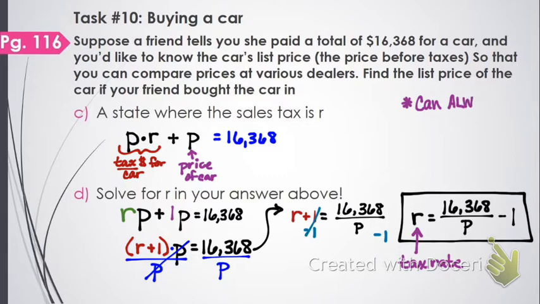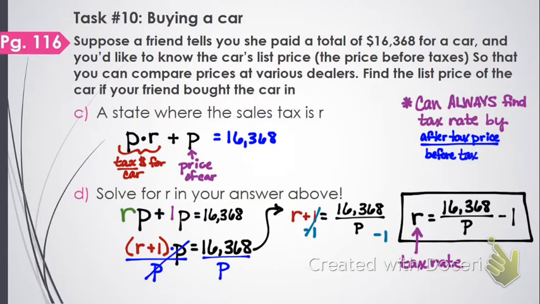You can always find the tax rate by taking the after-tax price, divide it by the before-tax price, and then minus 1.